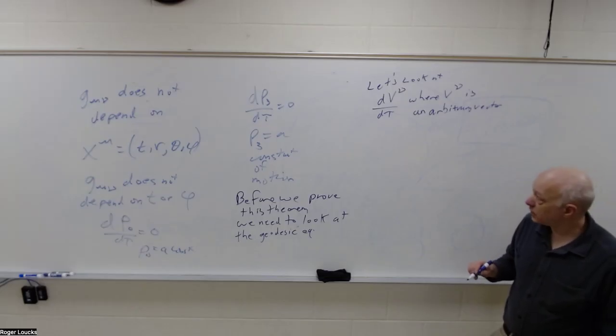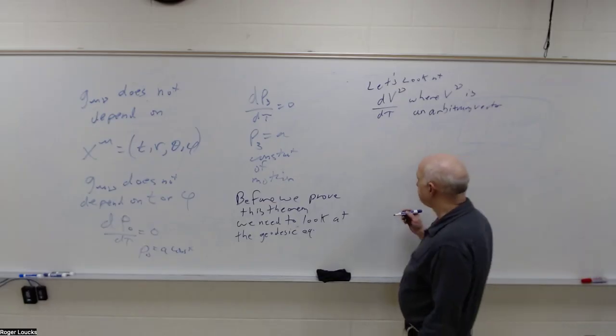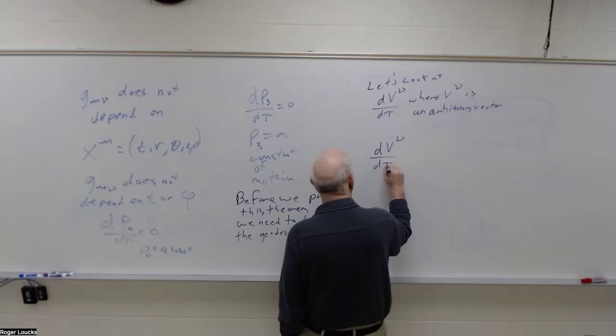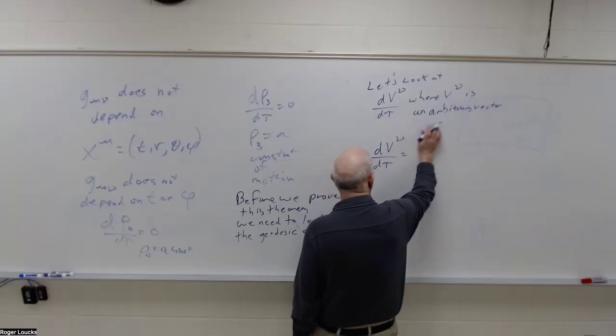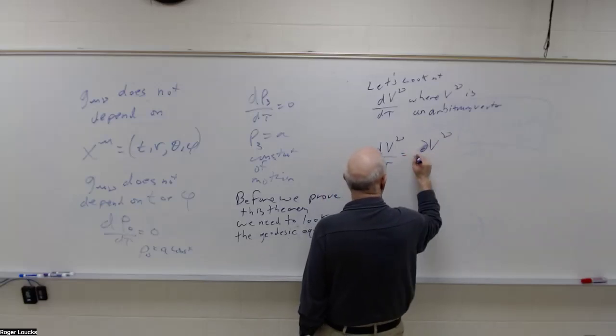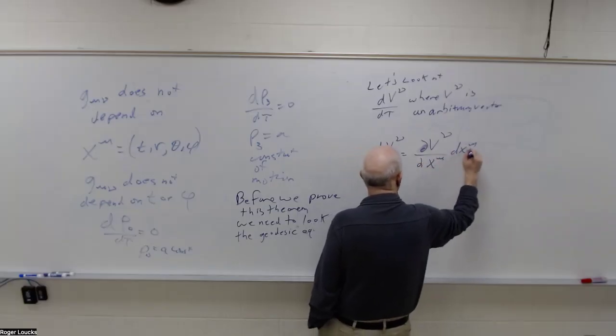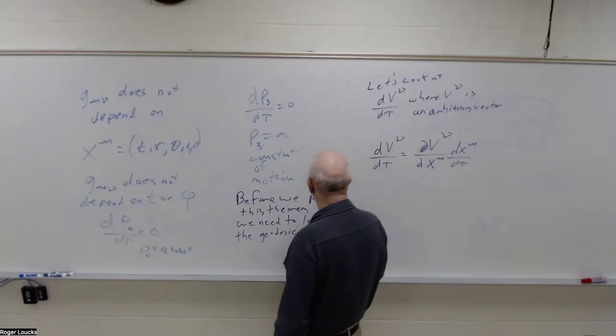Okay. Now, how can I write that? I can write it like this. I can say that's really the partial of v nu with respect to x mu times dx mu d tau.